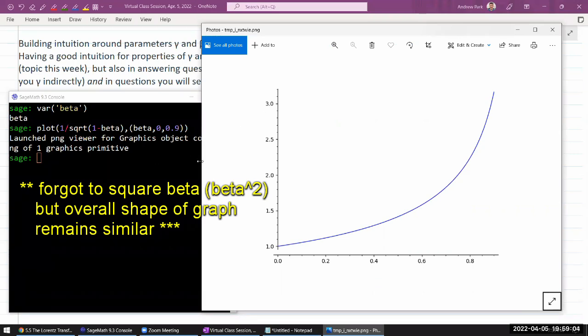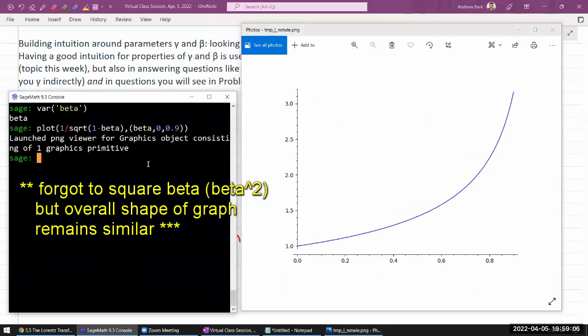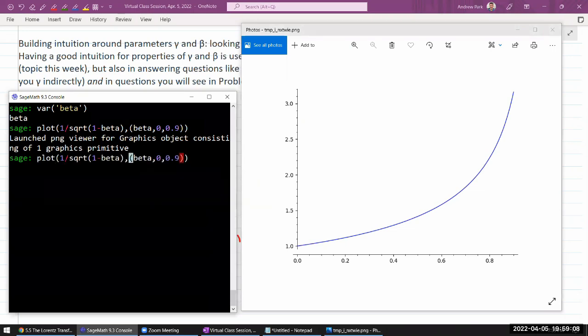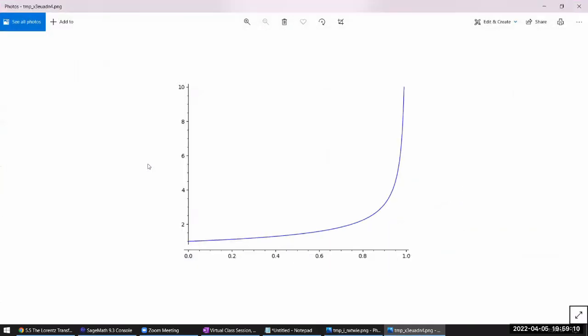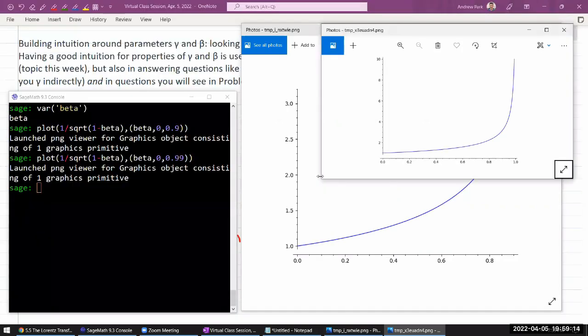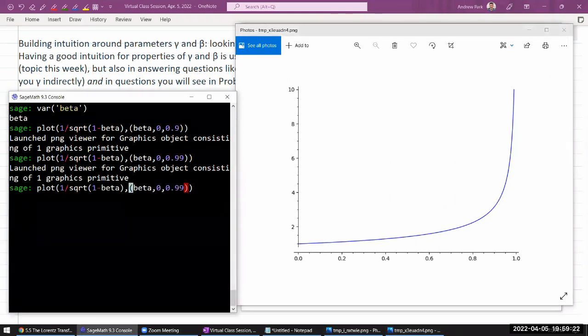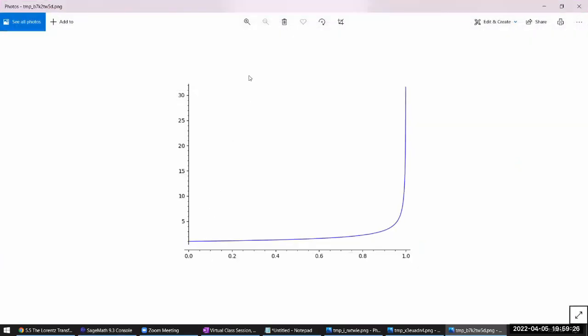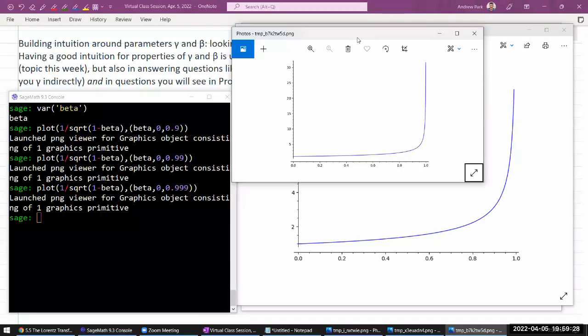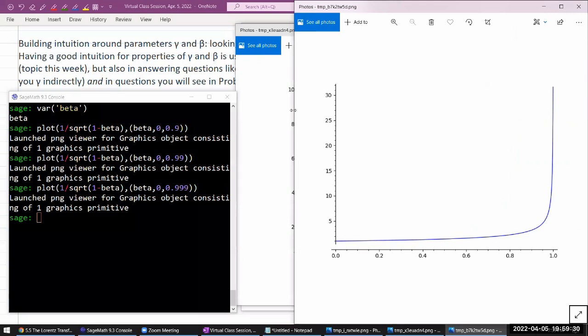But I'm not limited to that. I don't have to stop at 0.9. I can go to 0.99. Then gamma maxes out at around 10, but I don't have to stop at 0.99. I can go another 9. And I hope you are beginning to see the pattern here.